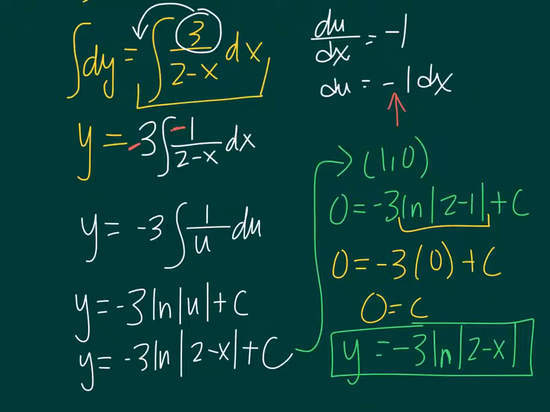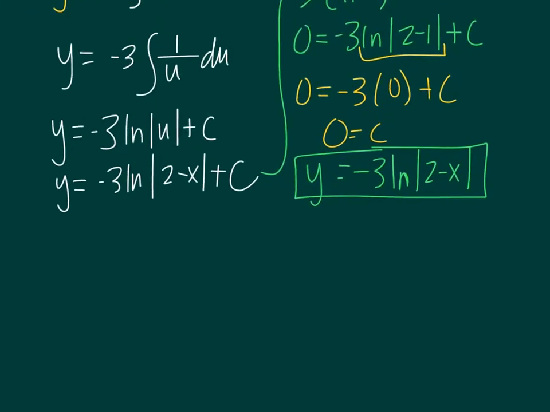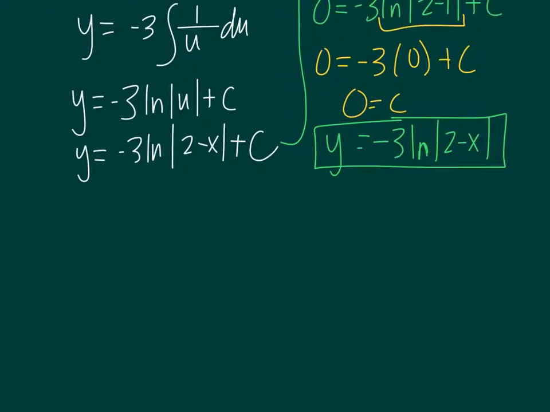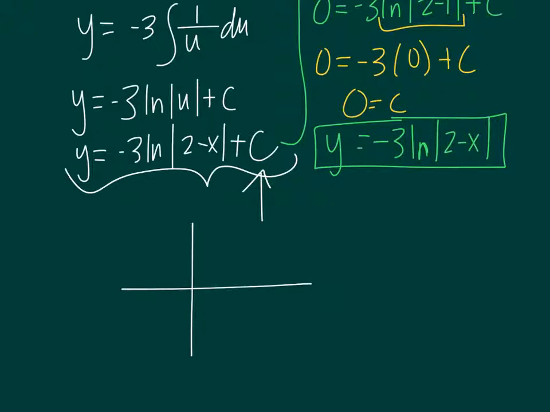Now as far as graphing it goes, you would basically just graph this function right here in your calculator and put different values of C in to make it look like just a few different possibilities that could be the solution, because when you take the derivative of it, the C is going to go away and you'll end up with what we started with. So the actual solution is the one that is over here in green, and then this is kind of the general solution.